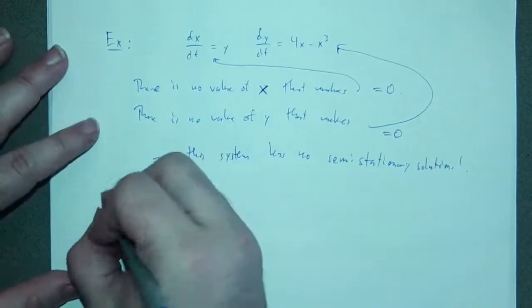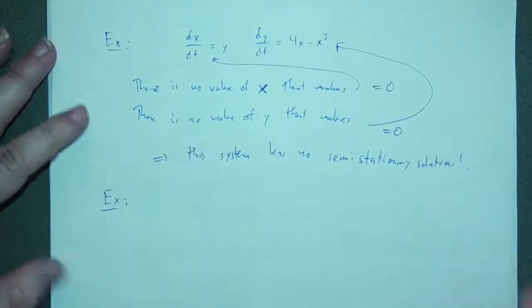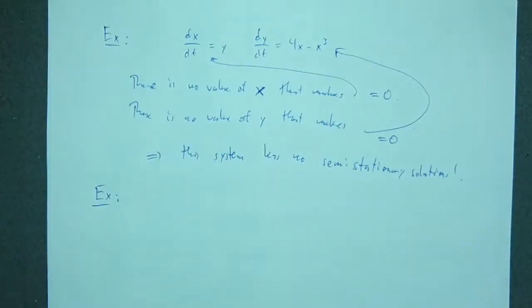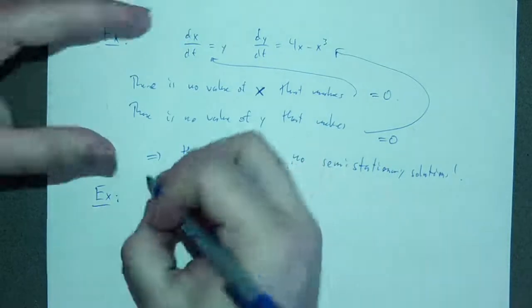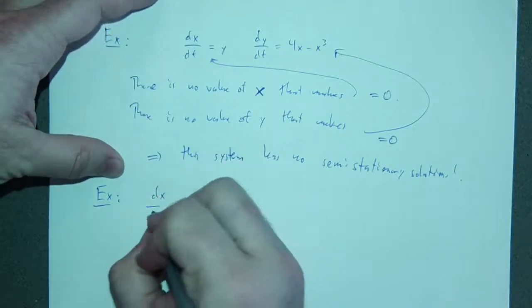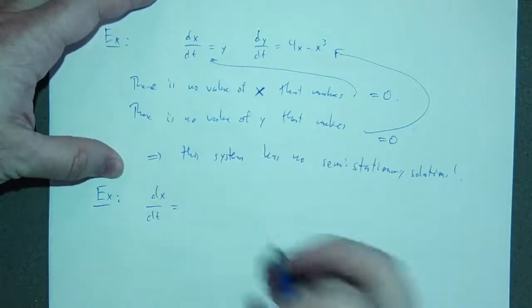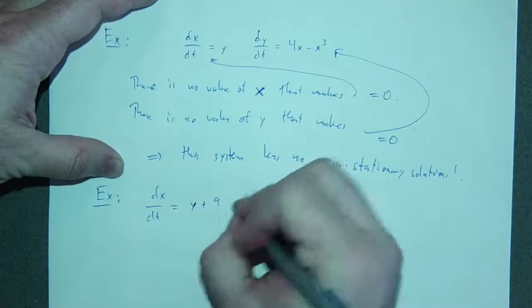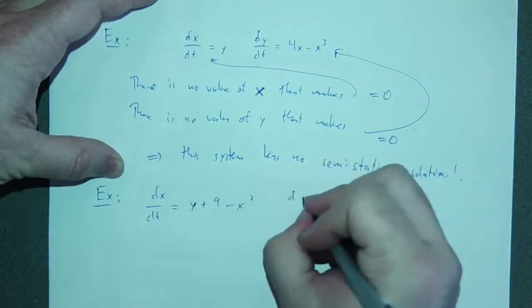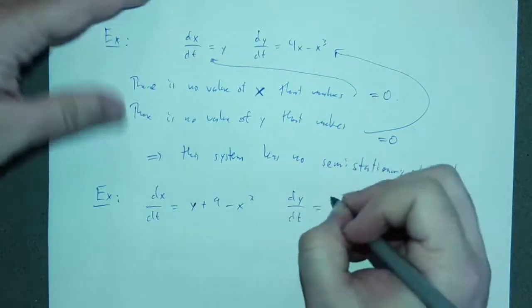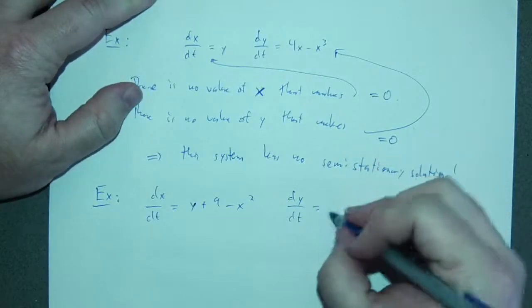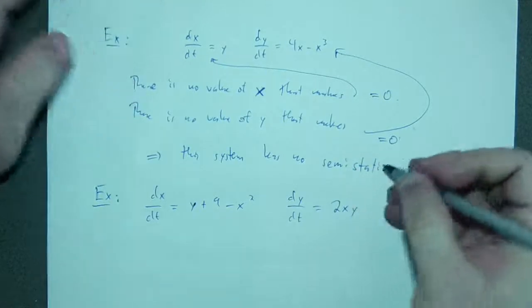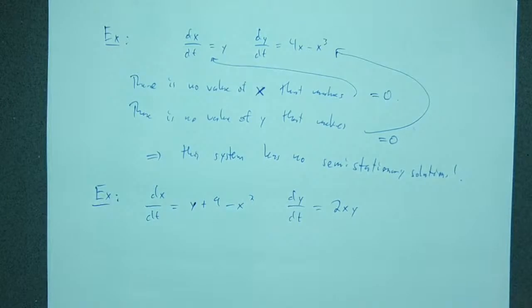All right, let's do one more example. So let's do this second system we looked at. So dx/dt is equal to y plus 9 minus x squared, and dy/dt is equal to 2xy. So what are the semi-stationary solutions?